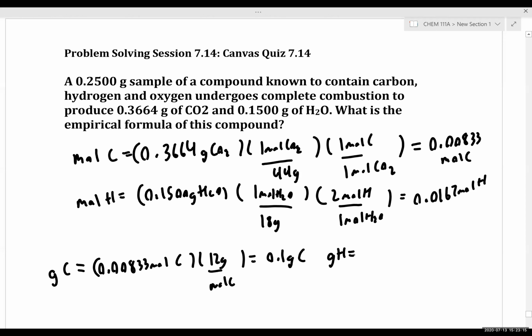Our grams of hydrogen are equal to 0.16. Let me just check this really quickly.